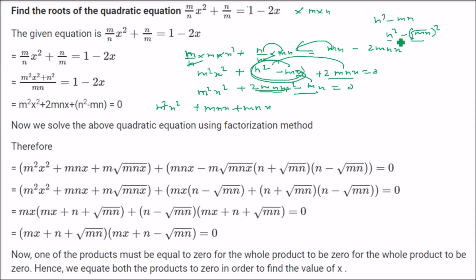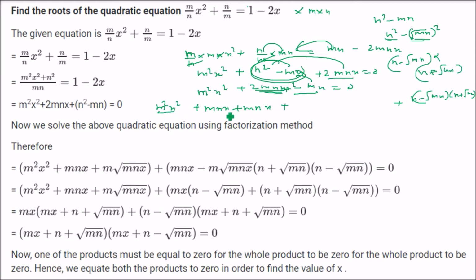And this is a square minus b square, so it can be written as a minus b, a plus b, that is, we can write this as n minus root mn and n plus root mn, right? a square minus b square can be written as (n minus root mn) into (n plus root mn).